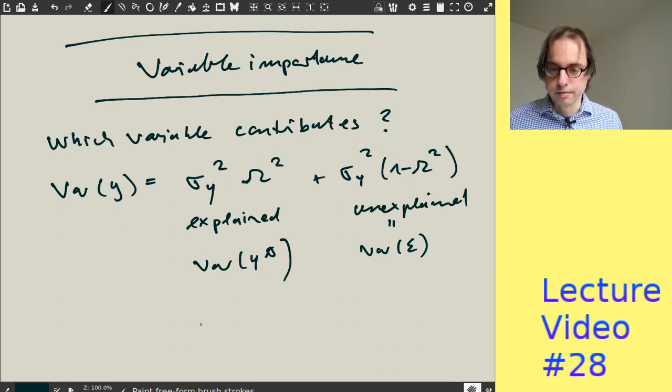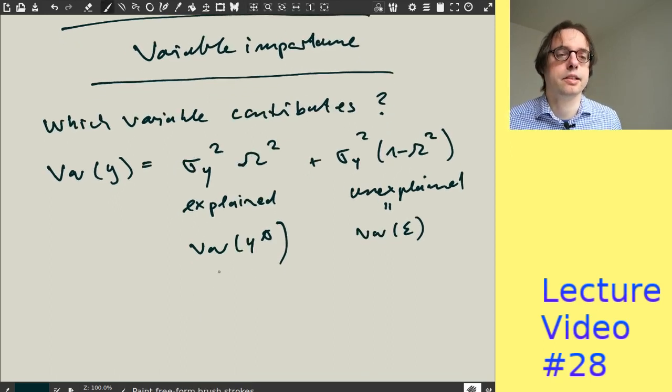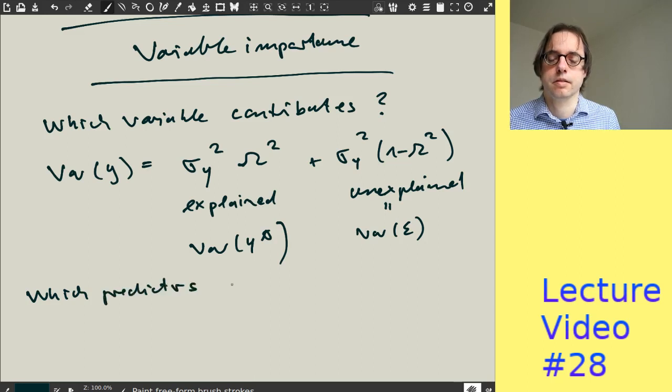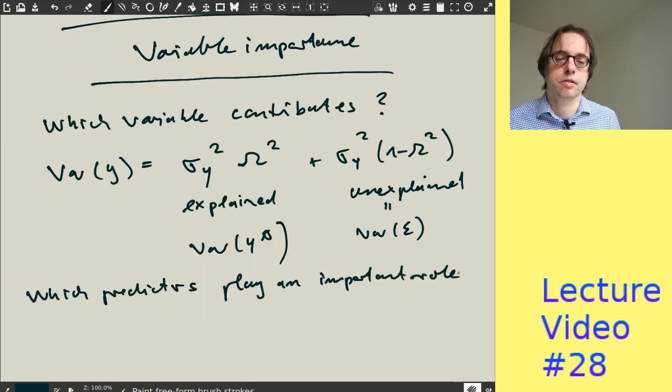And the question is, one way to answer variable importance is basically which predictors play an important role in omega squared.